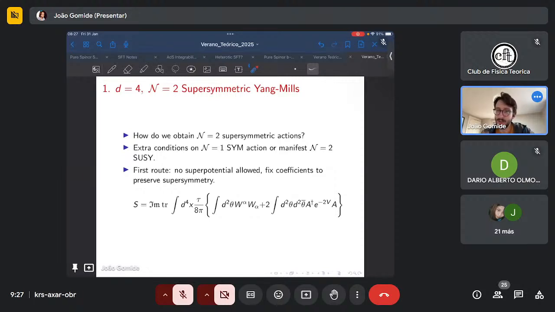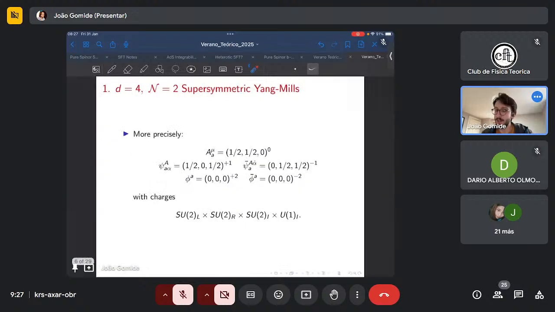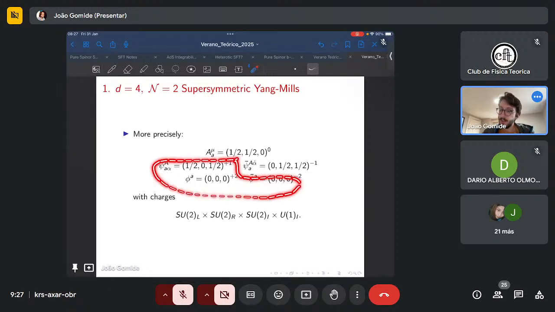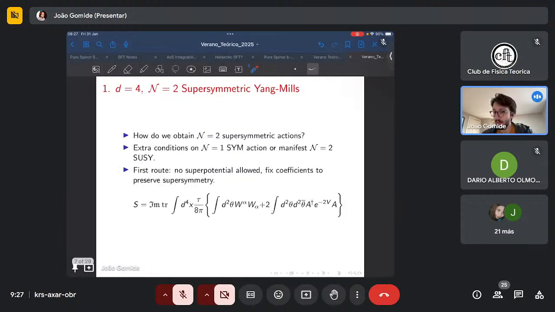Here, the key is that you can separate these things into two N=1 multiplets. You can have a scalar multiplet if you take one of the psi's and one of the phi's, which probably you've seen in class. And you can also have a vector multiplet if you take the A and one of the psi's separately. This is the idea of how you can get an action from N=1.